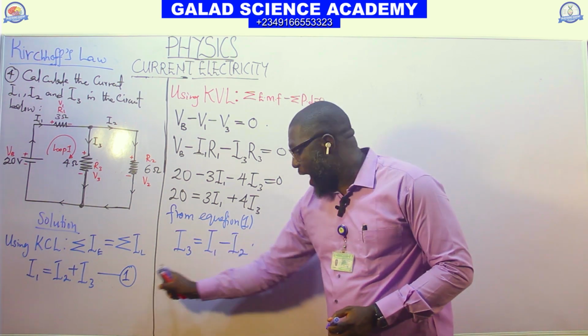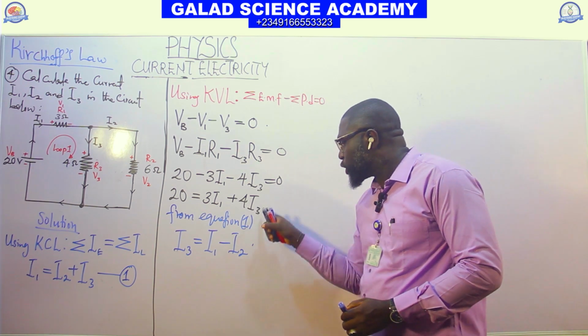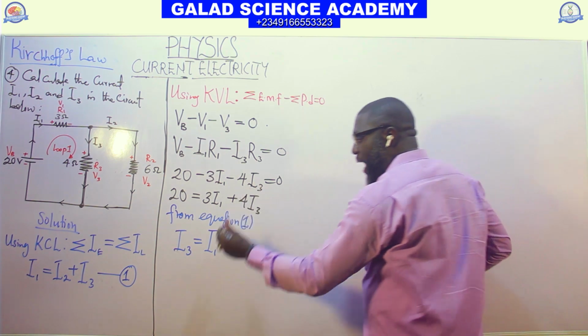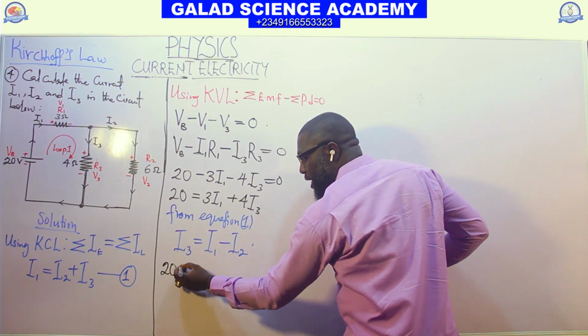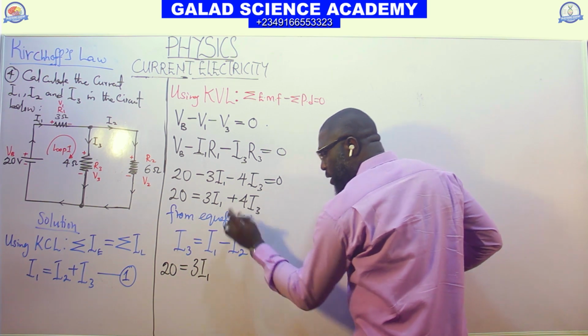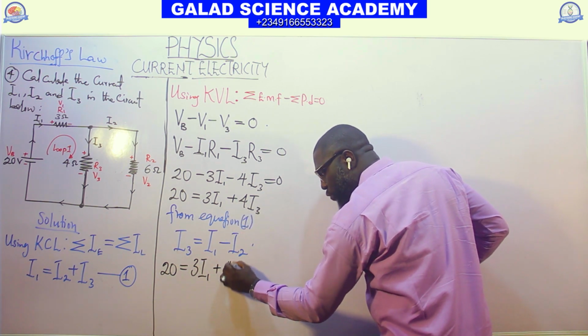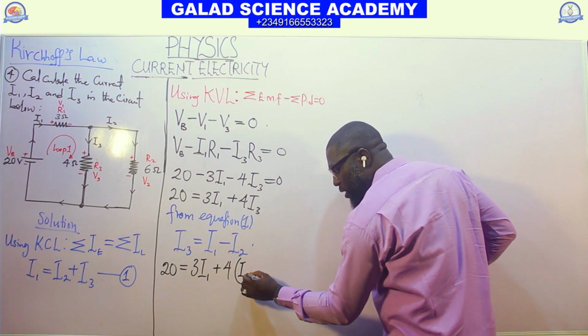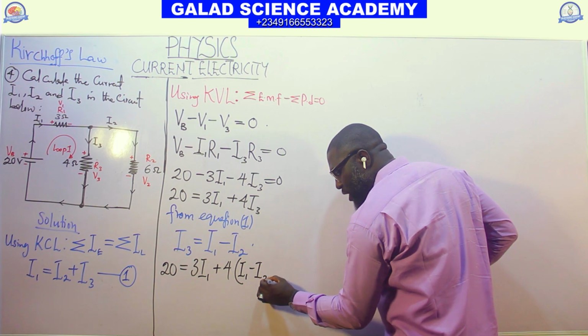From this, I get this. Let me substitute for I3 here. By substituting for I3, I'm going to have 20 equal to 3I1 plus 4 times I3, which is I1 minus I2.